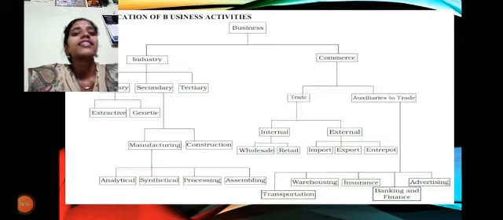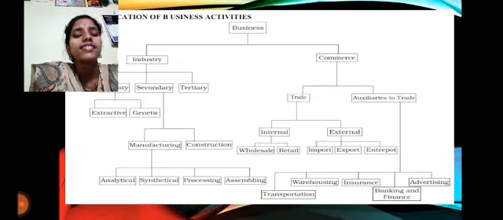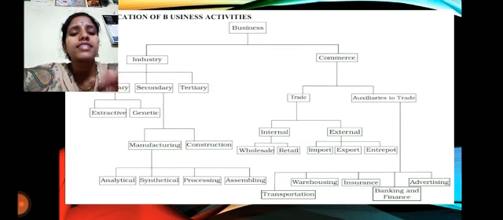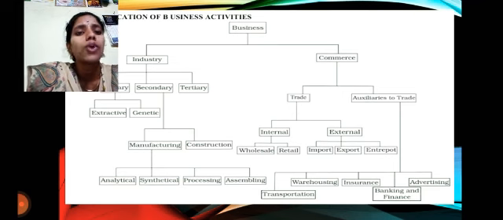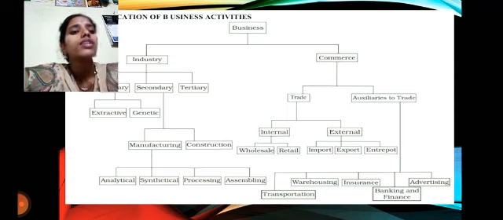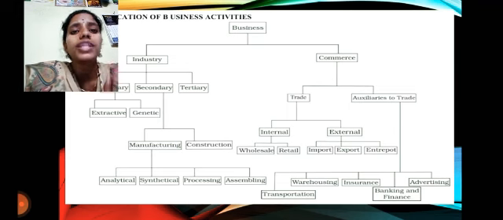And see friends, this is the overview of business. Here in business there are two types, industry and commerce. Industry is divided into three categories. Commerce is also divided into two categories. So friends, first we have to go through the industry.